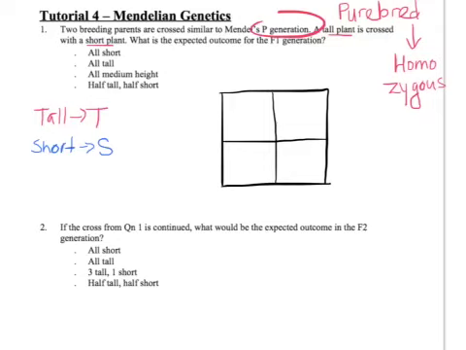Now what happens is that we need two parents, one over here and one over here. So tall crossing with short. Tall means it needs to be TT. Short needs to be SS. So when I do the cross, the first box would be TS, second box will also be TS, and the third box will also be TS, and the last one also TS.